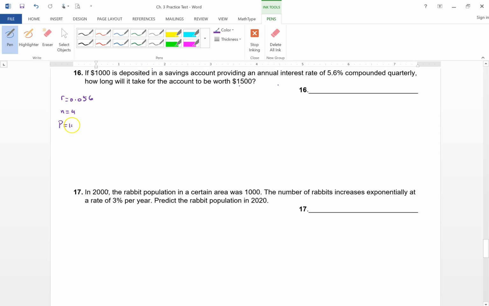P is 1,000 and A is 1,500 and we want t. So how do we do this one? 1,500 is equal to 1,000 times 1 plus r over n to the power of nt, 4t.